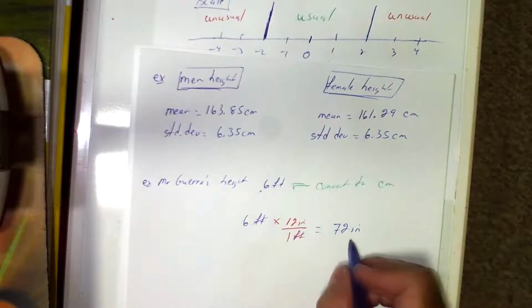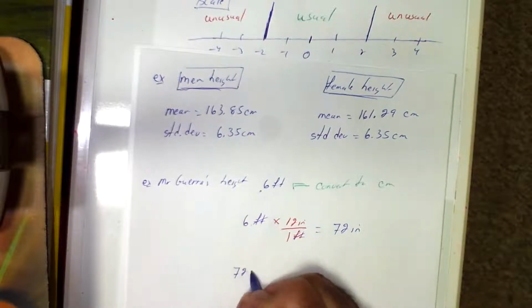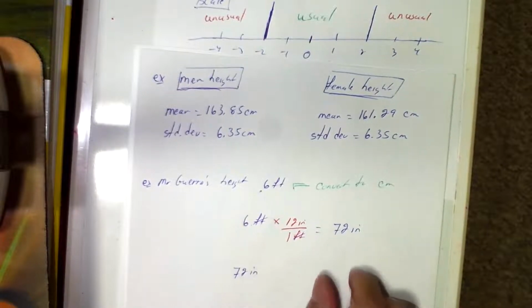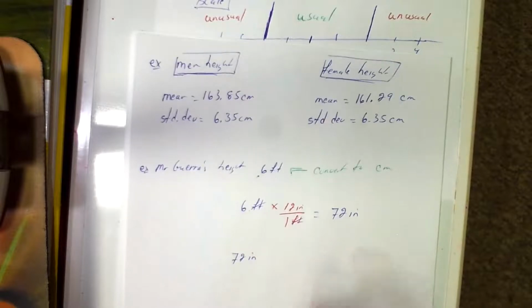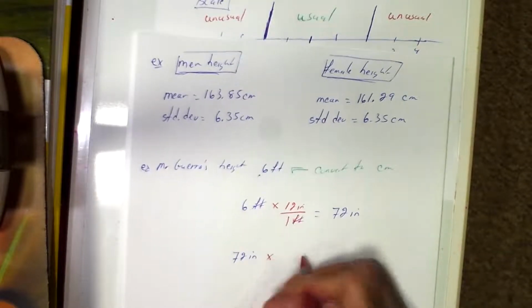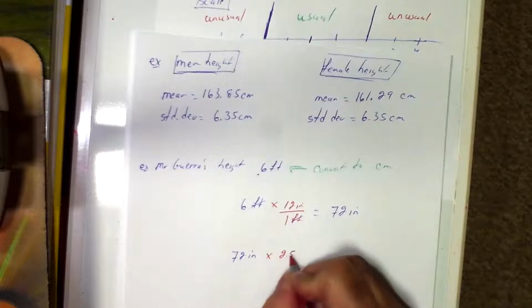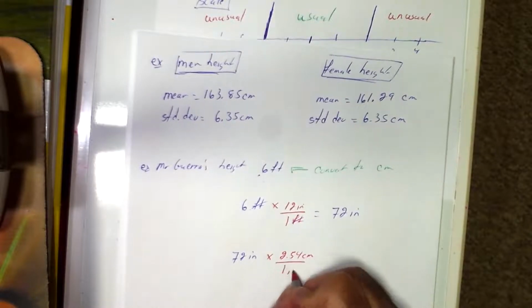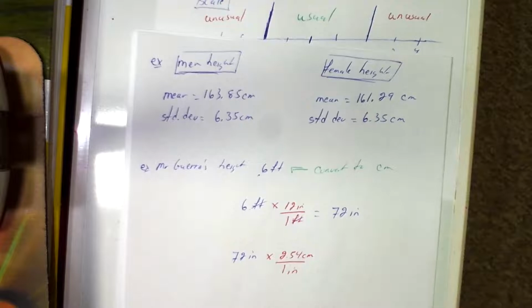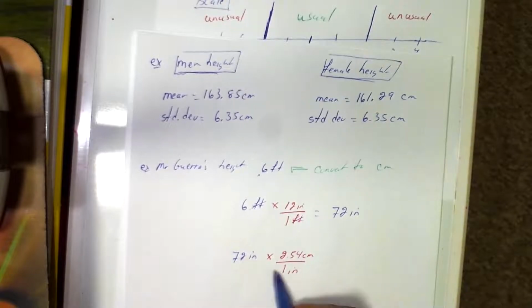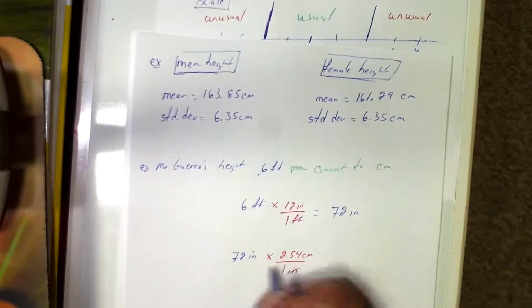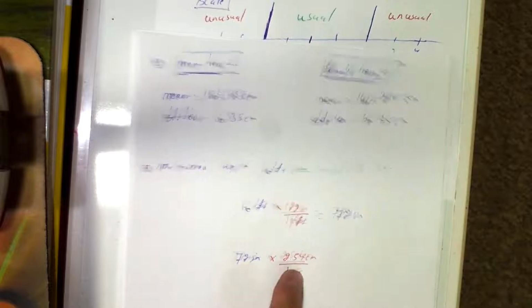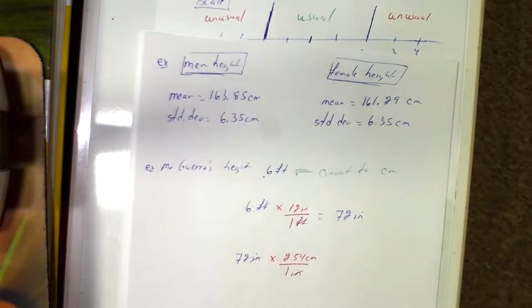Now I want to convert 72 inches into centimeters. The conversion for inches to centimeters is 2.54 centimeters per 1 inch. Because my units line up, I can cancel and multiply 72 times 2.54.